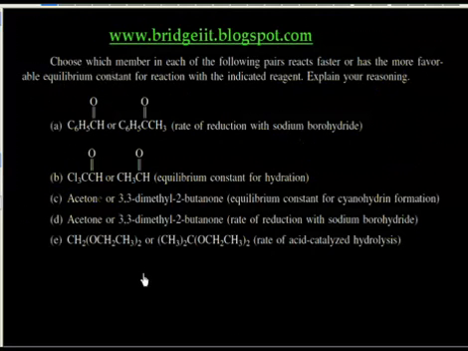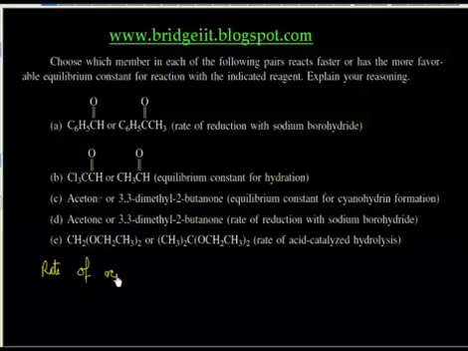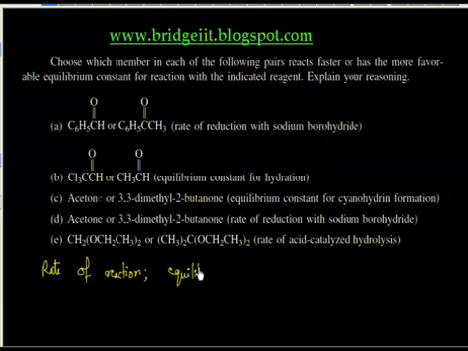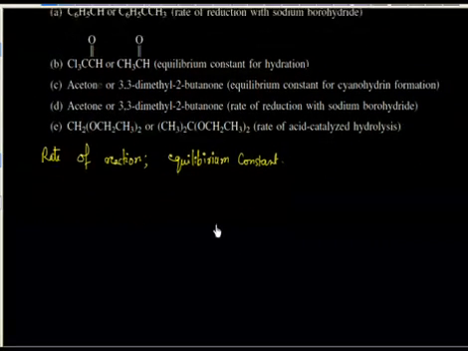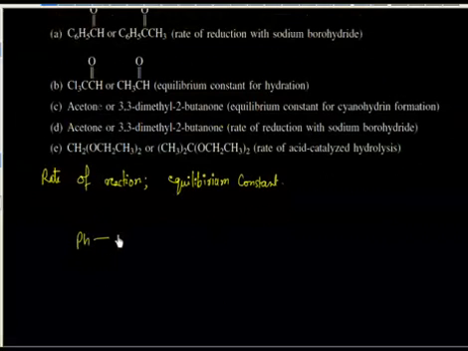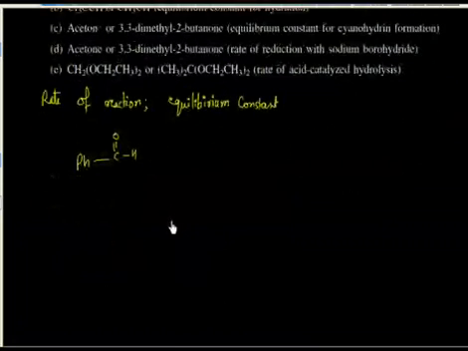In the following reaction, you have to tell me which will react faster, or which will have a higher equilibrium constant. So rate of reaction, one thing, or you have to tell me the equilibrium constant. So which will have a higher equilibrium constant? How will we proceed? You see the first part. So you have PhCHO, and the second is PhCOCH3.